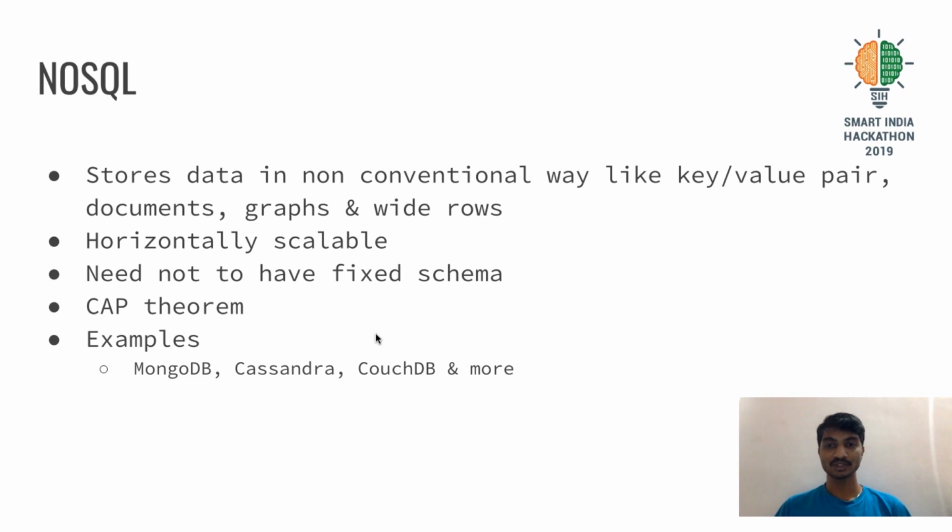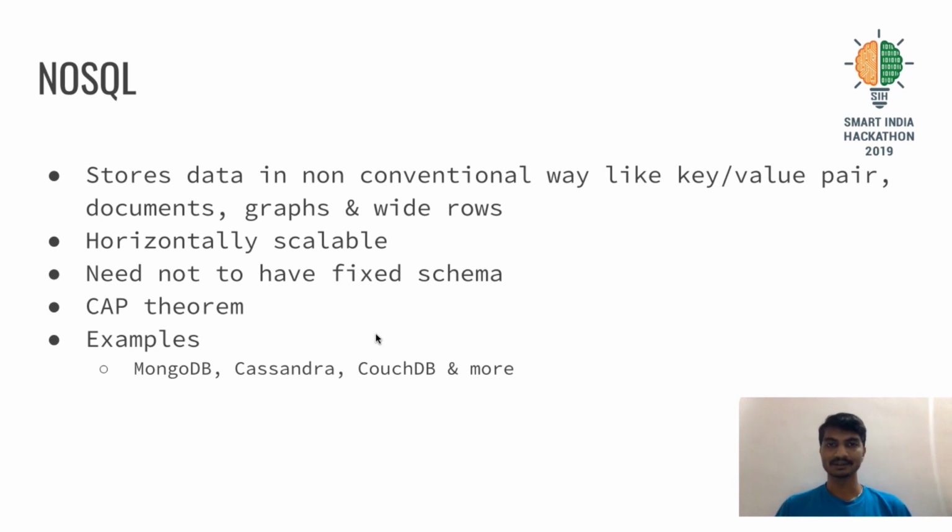But in NoSQL databases, it is not going to be something like that. We can still store the data in tabular form, like whatever we are storing in the RDBMS, but it can save more than that. Something like key value pairs, where I can save a key against a value, and I can store my documents and graph data.